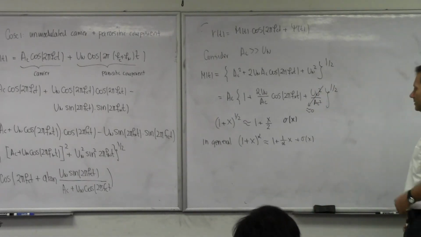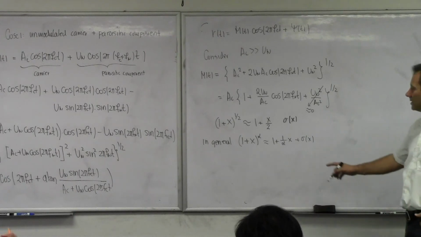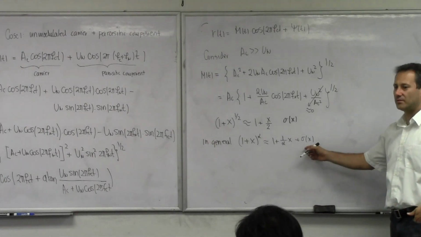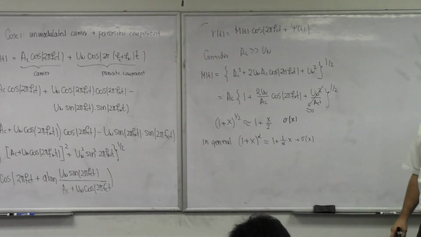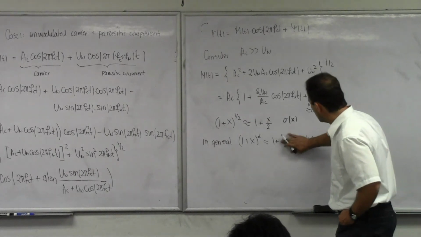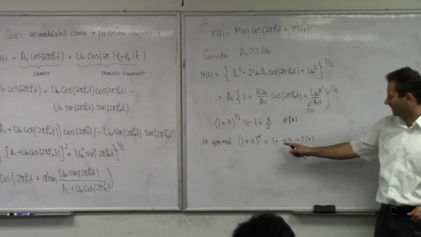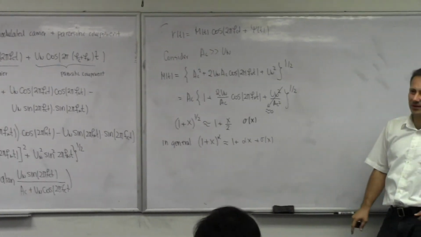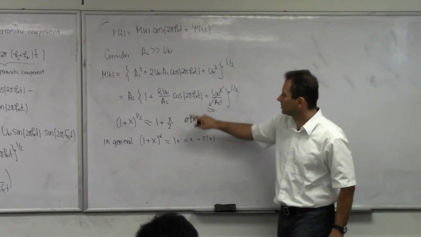That's the Maclaurin series for 1 plus x to the power of alpha around 0. Actually, I made a mistake, it's alpha x. So that's the marker. Let's apply that to this one.